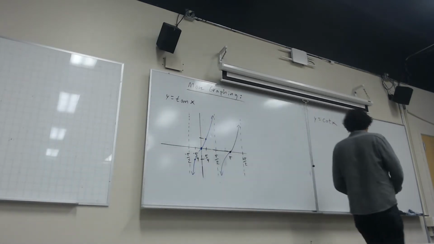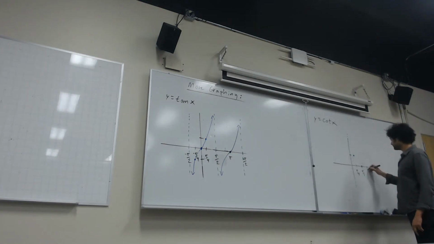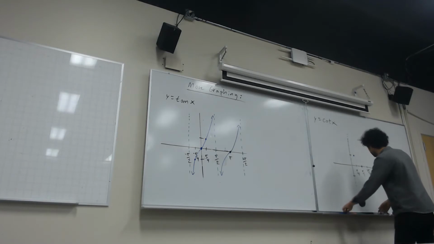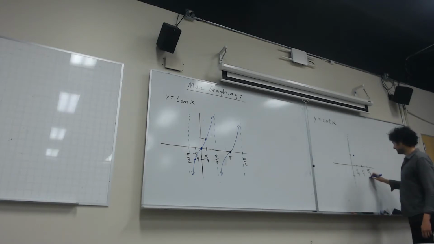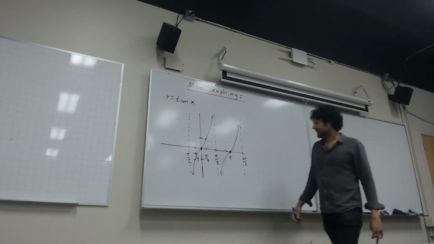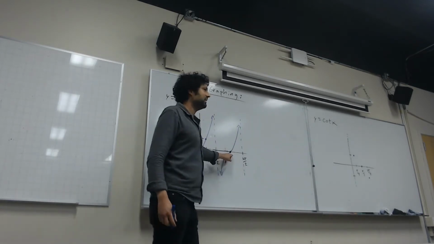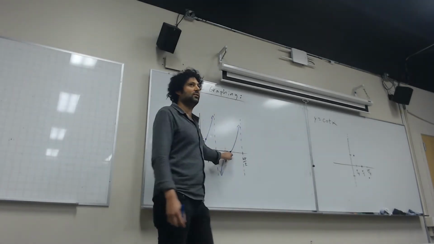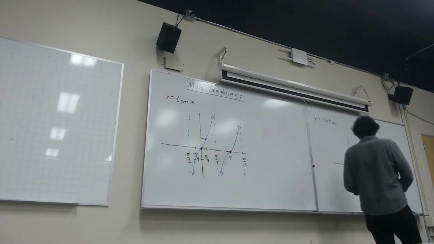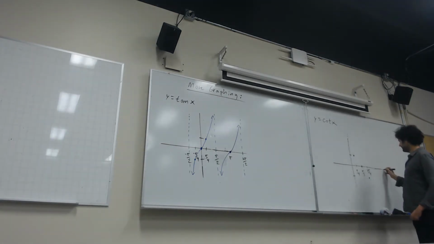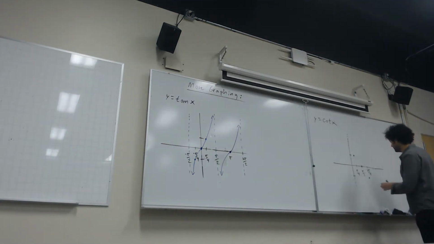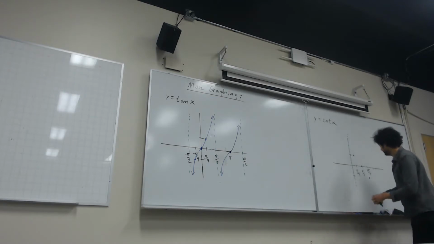Negative 1. So here, at 3 pi over 4, you got yourself negative 1. Okay, now you're over here at pi. So tangent of pi is 0. What's the reciprocal of 0? Undefined. So cotangent of pi gets you an asymptote. It's undefined.